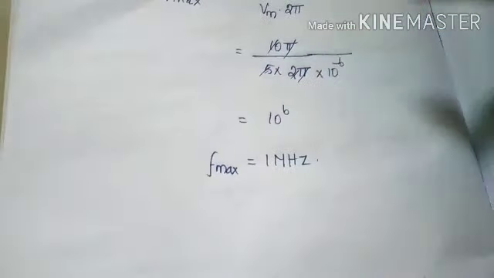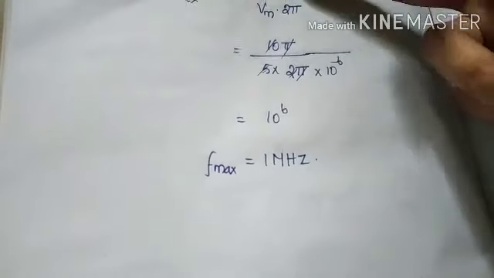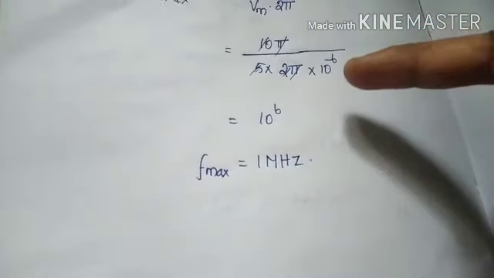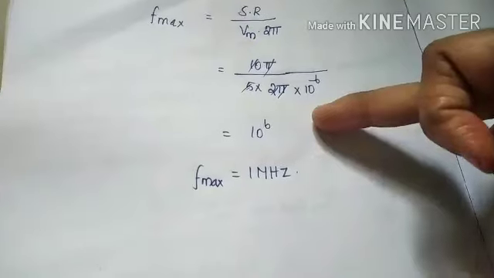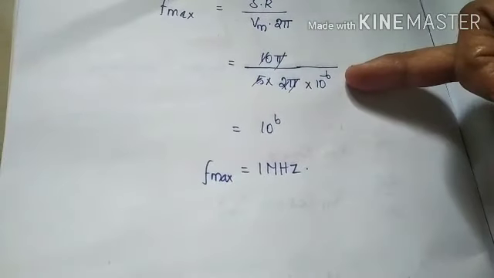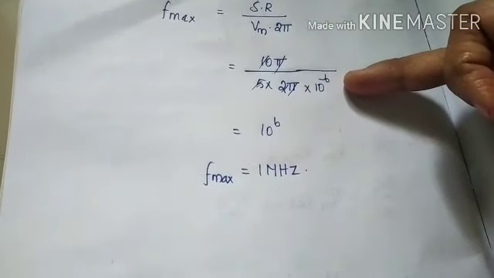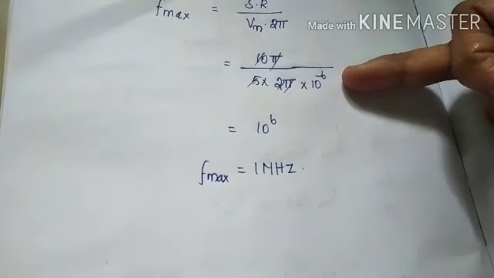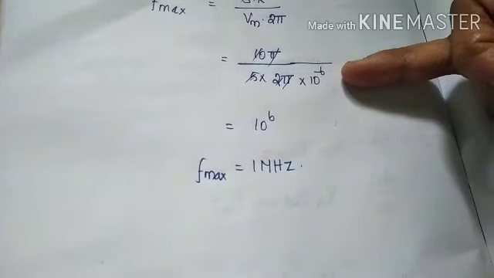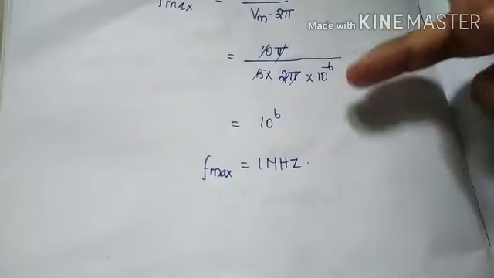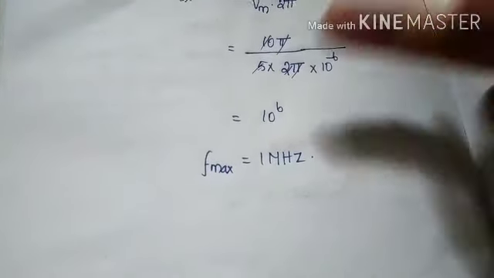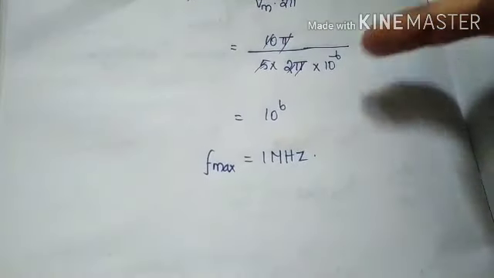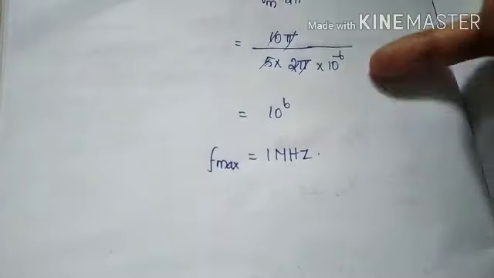Then 2 pi. The slew rate is in the form of 10 pi volt per microsecond, right? So instead of microsecond, I have substituted 10 power minus 6 in the denominator. After cancelling all the values, I am getting 10 power minus 6 in the denominator.